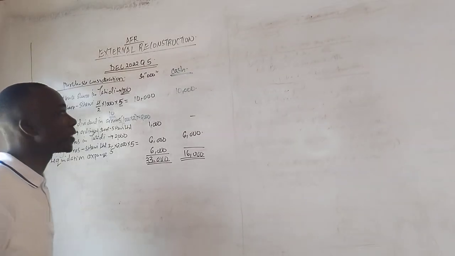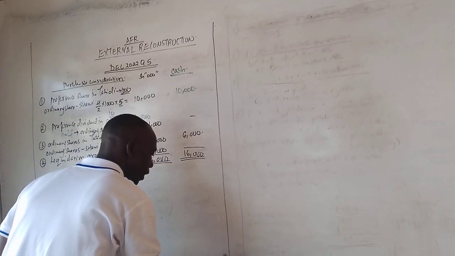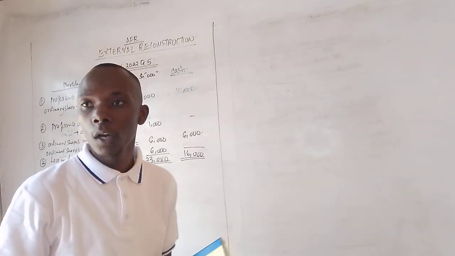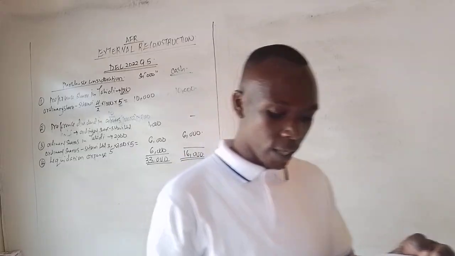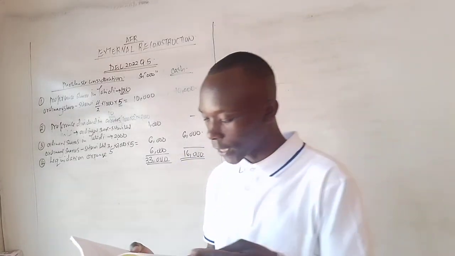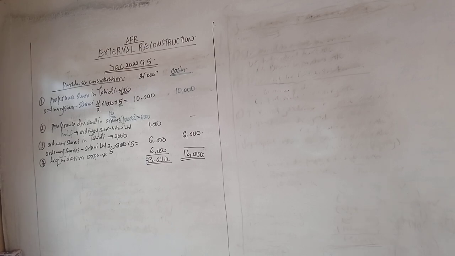Once you have computed the purchase consideration, now you can go to answer the question. The question now will be very easy. The first question, A, they want the realization account. We can open those accounts concurrently.